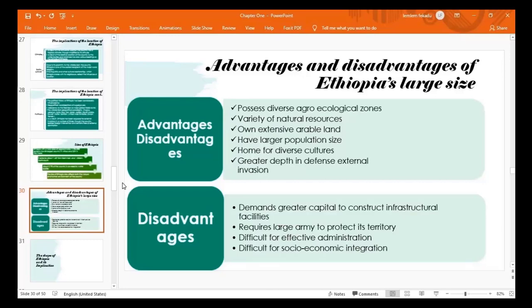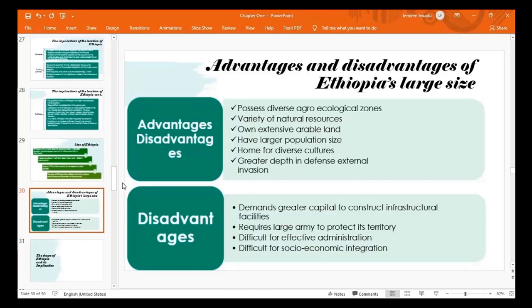It is also home to diverse cultures. There are many cultures, and Ethiopia is a diversified country. This is also one of the advantages of the large size of the country. And Ethiopia owns extensive arable lands. These are the advantages of Ethiopia's large size.